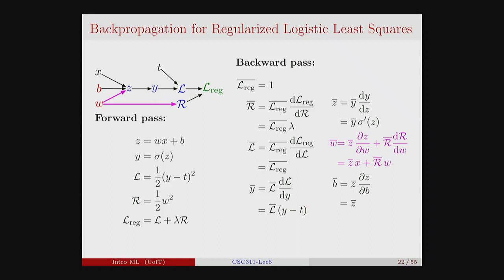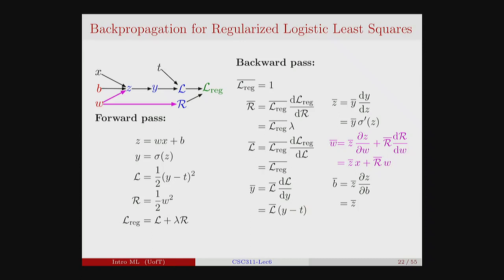That can be obtained via this, which gives us L bar times Y minus T. And then we go backwards again to calculate Z bar. Z bar is just Y bar times dy dz, which is Y bar times the derivative of the sigmoid operation.